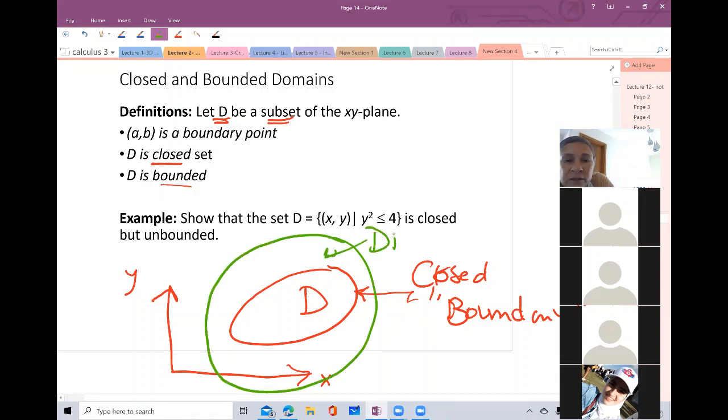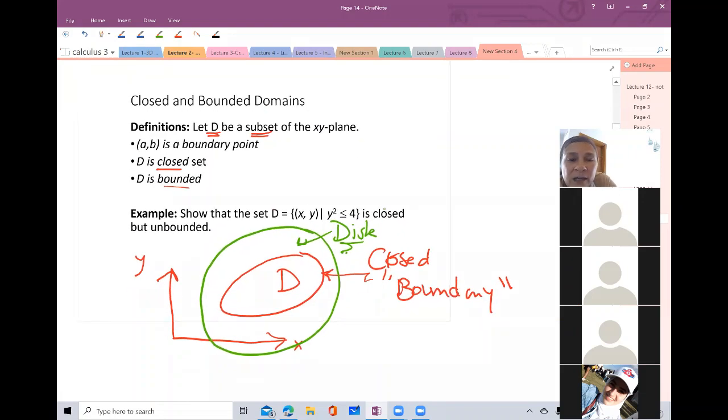If I consider the green region as a disk, then I can contain it in some finite disk. So then I'd say my domain is bounded.